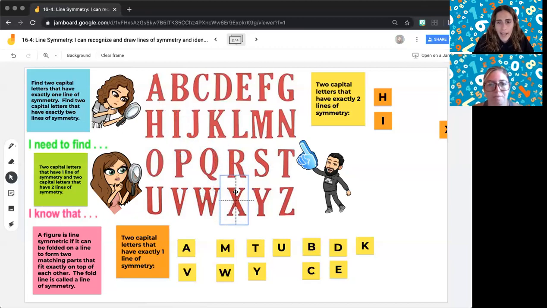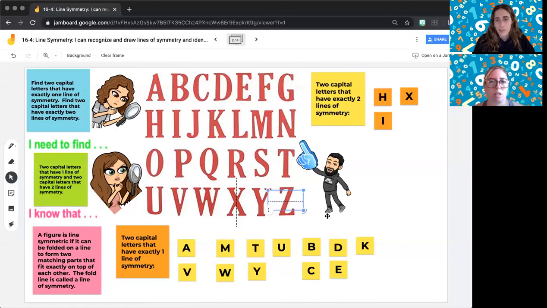And we already had it on our list from side to side, so that must have two lines of symmetry. Yep. And then Y definitely does not have that second line of symmetry. We said that before. And same thing, Z is like the letter S, the sides and the tops and bottoms don't match up. They're kind of like opposites of each other.